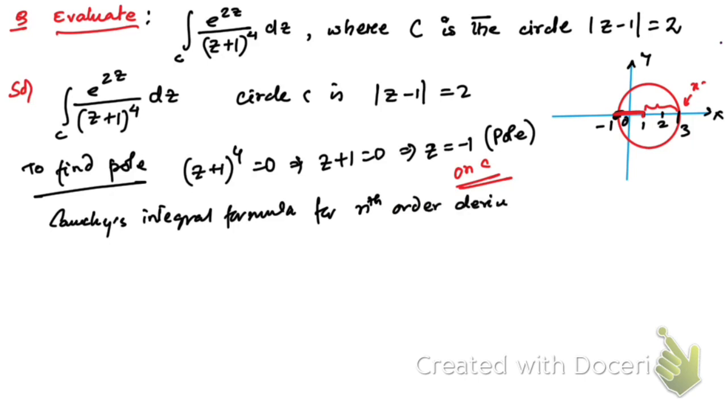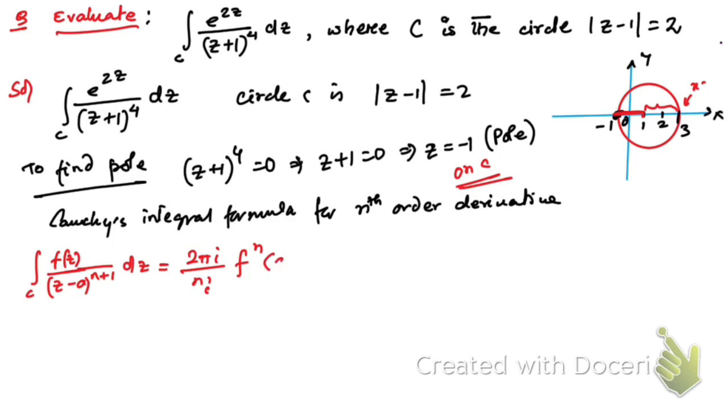That is nothing but the integration along C of f of z by z minus a whole to the power n plus 1 in case of the nth order derivative, dz, is equal to 2 pi I by factorial n, times the nth order derivative of f at a.